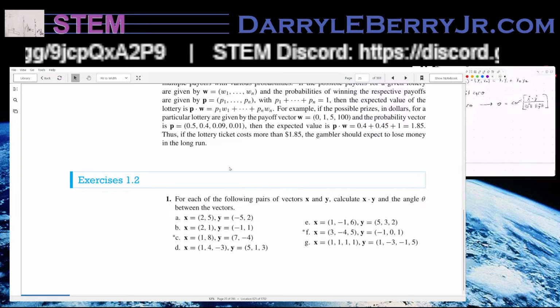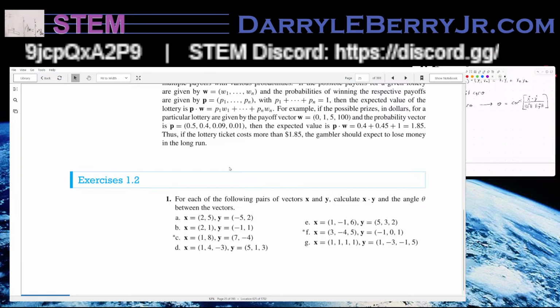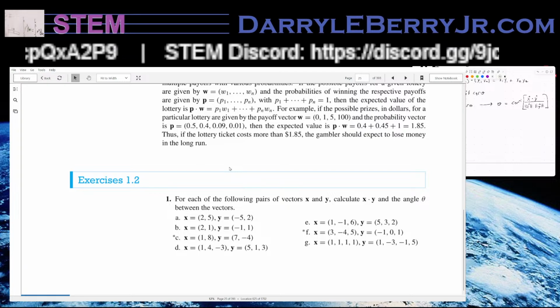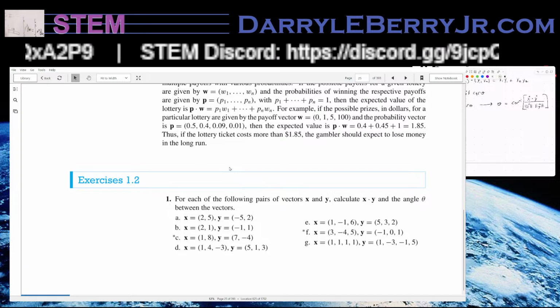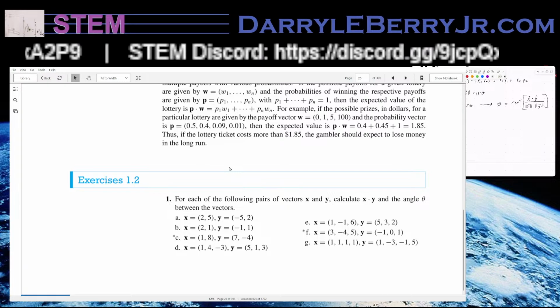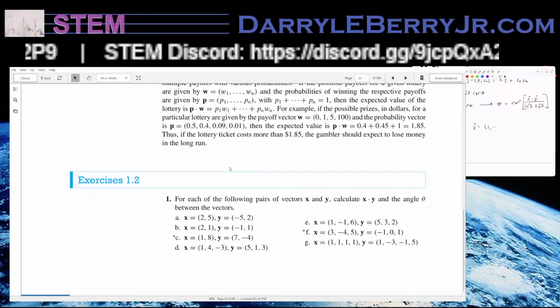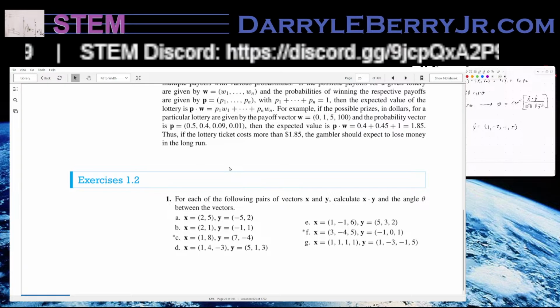So we'll start with the dot product. Let's go with A. Actually, let's go with G. We'll pick the hardest one. So x equals 1, 1, 1, 1. y equals 1, -3, -1, 5.